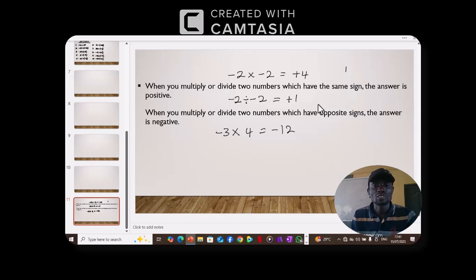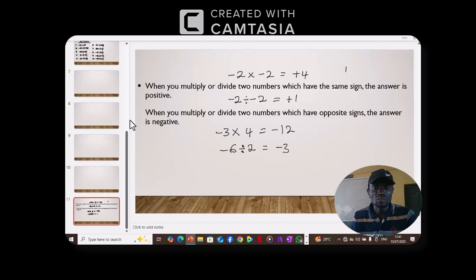That is, when one is positive and the other one is negative, and you multiply the two together, the answer must be negative. Now, when you divide two numbers that have opposite signs, the answer must be negative. Like when you say minus 6 divided by 2, the answer must be minus 3.